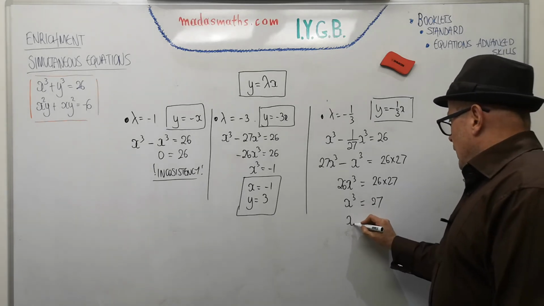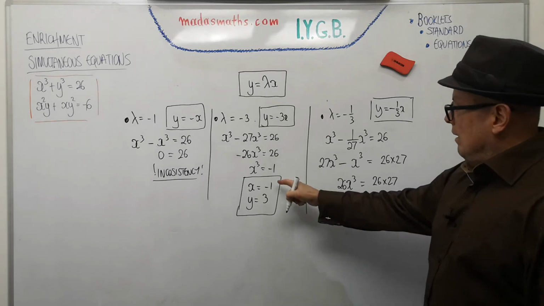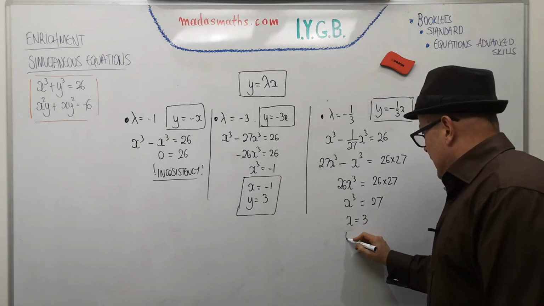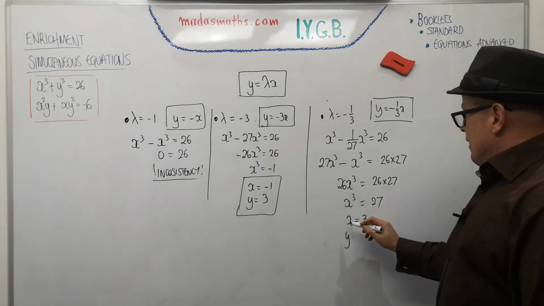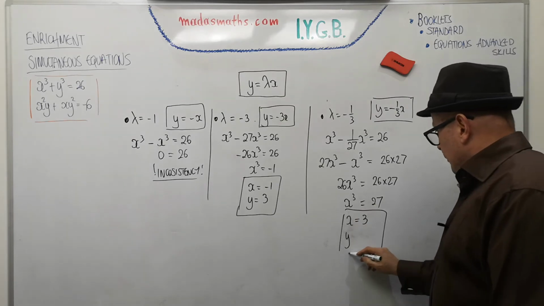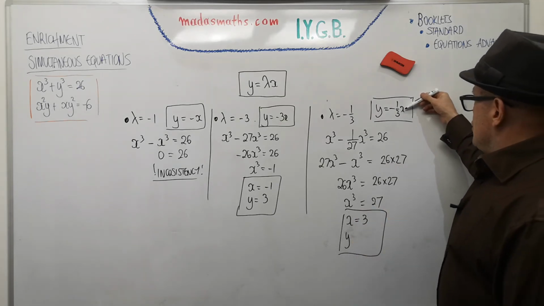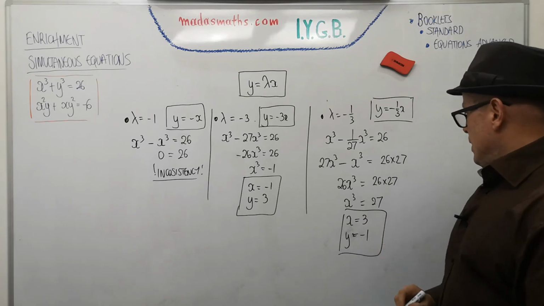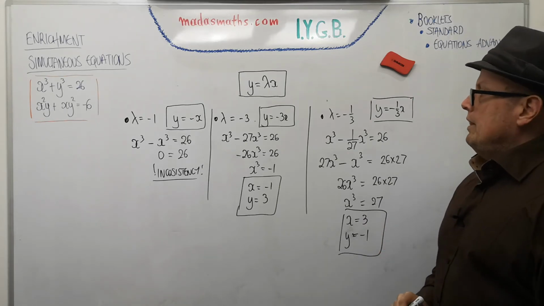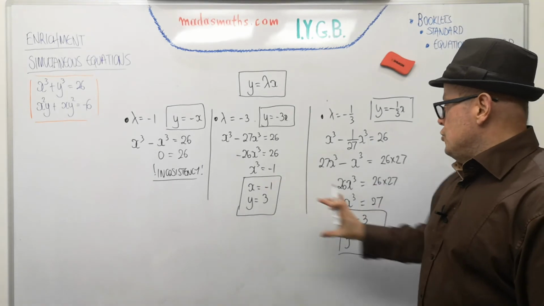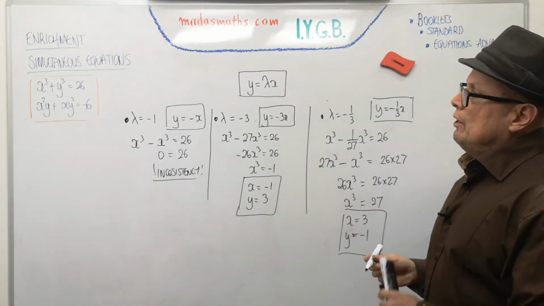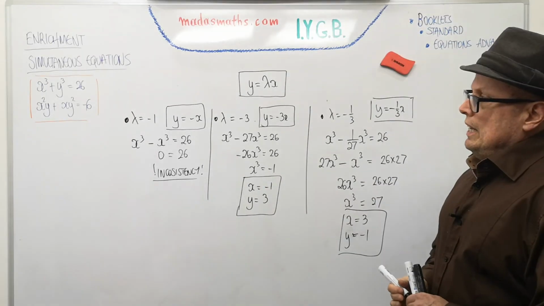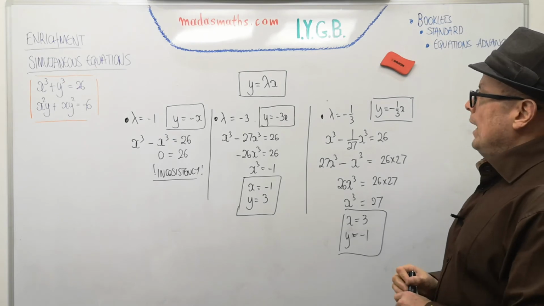And of course, x is in fact 3, as we expected. And if we look, putting now that x is equal to 3 into this relationship, we're going to get, of course, y is equal to -1. And these two solution pairs are the only real solutions that balance this particular set of equations.